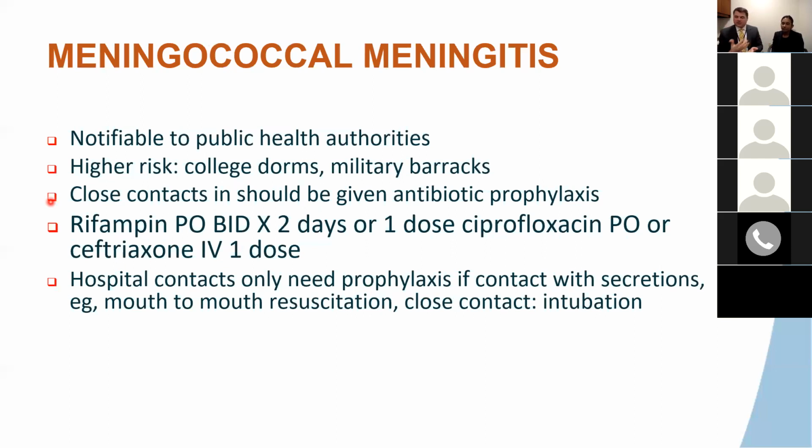And then as far as others, it really depends on the case, if they had any secretions and how close the contact was. Yep. But whenever there is a concern for meningococcal meningitis, everybody gets really anxious and worried. And I think the key is to calm everybody down and figure out how close a proximity they were in.